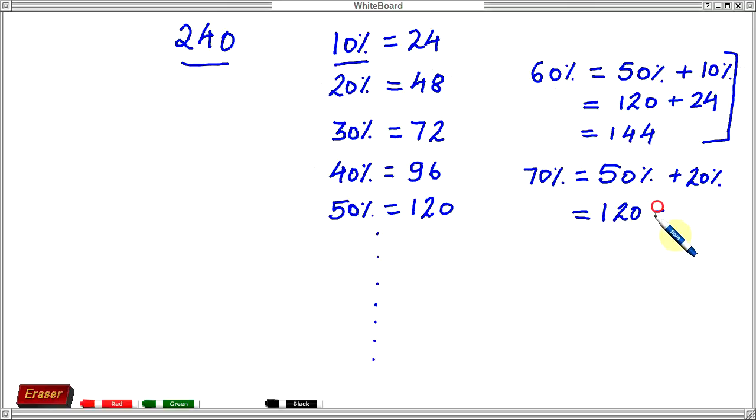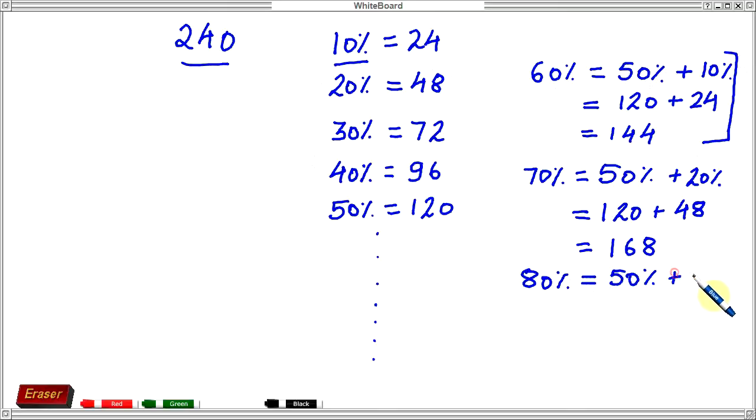And 20% we have already seen, or we can easily calculate it as 48 on the spot. And I'll get the answer as 168. Isn't it? Similarly, 80%, either we multiply 8 to our 10%, or we can do it like this. 80% will be equal to 50% plus 30%.